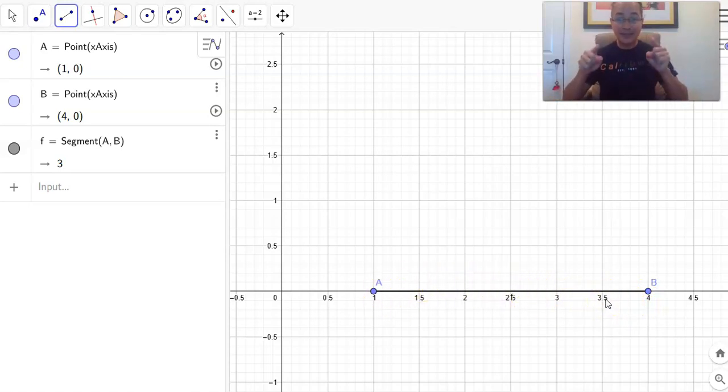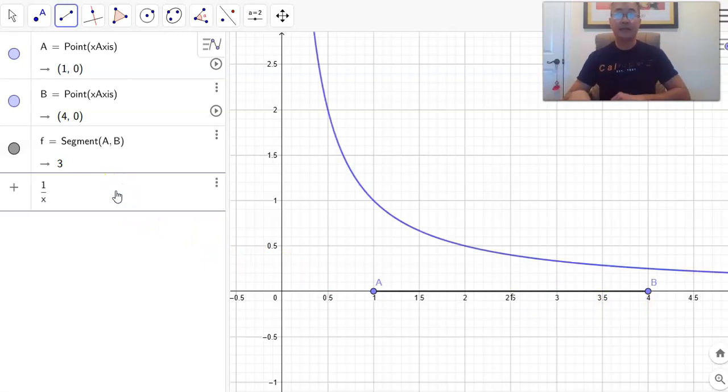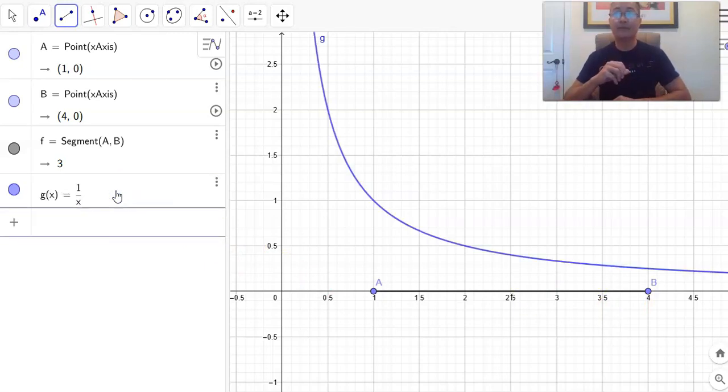Now our density is 1 over x, but we don't see the density. Just looking at this wire, we don't know how heavy it is over here or over here. But we can graph the density in GeoGebra.